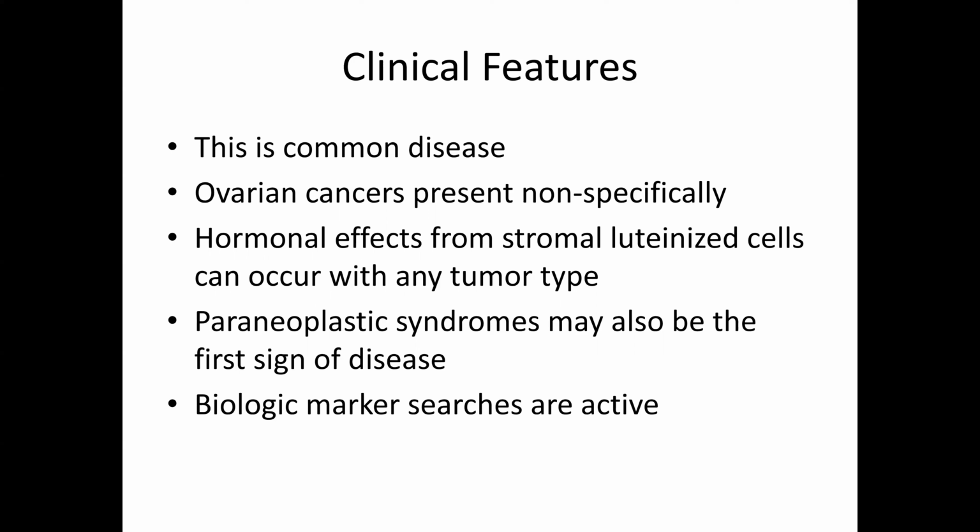And it's also important to realize that hormonal issues can present themselves as part of the process. We also have circumstances where paraneoplastic syndromes may be the first manifestation of disease. Obviously, we're looking for biologic markers, ways of detecting this tumor at an early stage.